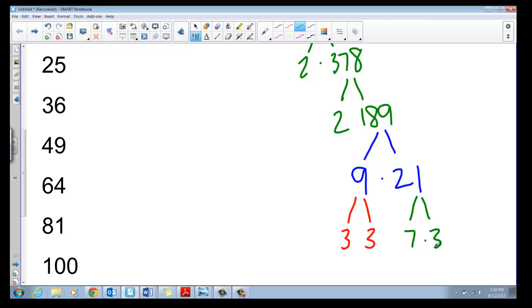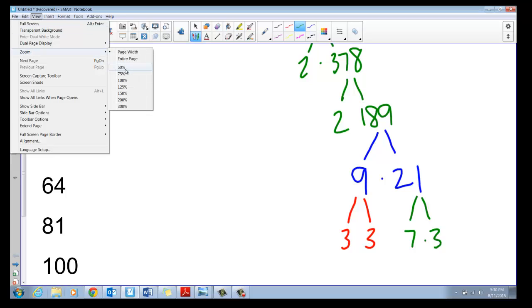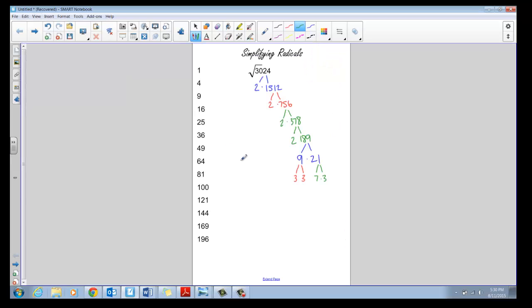Okay, so this looks like a big jumbled mess, but let's back up a little bit and look at it full circle. Now let's look at our full circle looking for our pairs of 2s. So I got a pair of 2s there. I got a pair of 2s there. I got a pair of 3s there.